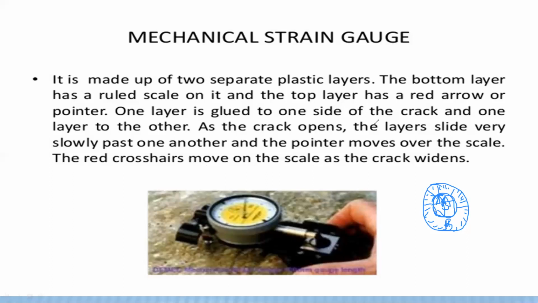You can see there are two different plastic layers, one is the bottom layer and the other is the top layer. The bottom layer has a ruled scale, that means a calibrated scale is fixed on that bottom layer, and a red arrow or pointer is placed on the top layer.